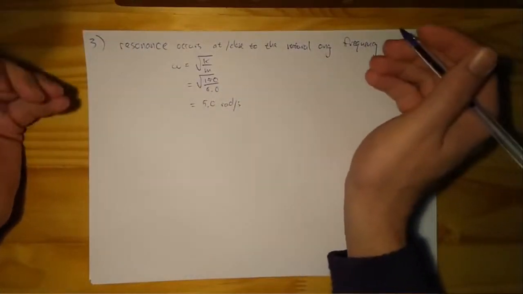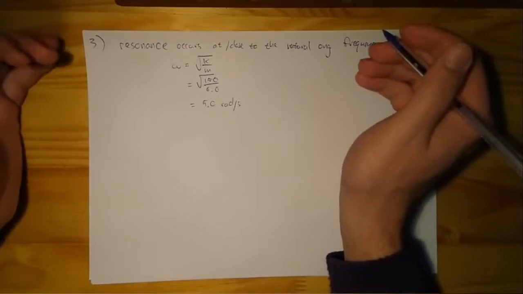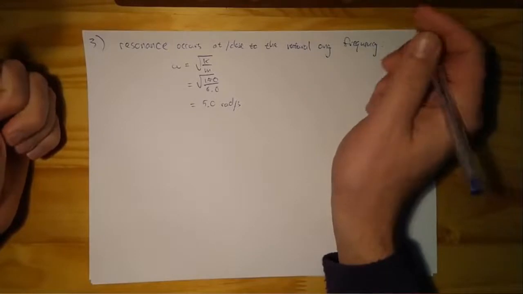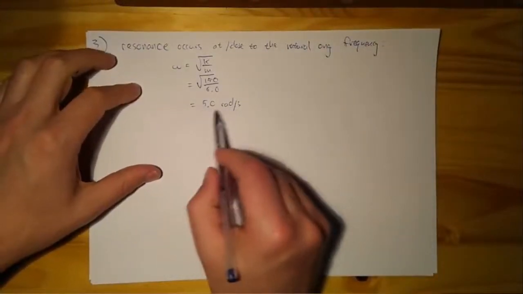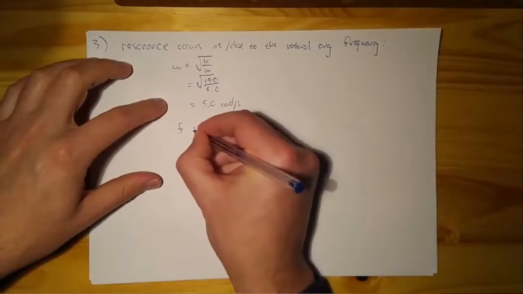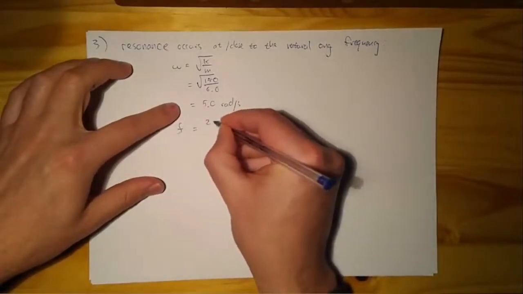Okay, are we done? Well, look at how the question asks. It doesn't ask for the angular frequency, it asks for the frequency at which the resonance occurs. So this is not a frequency, this is angular frequency. So we want the frequency, and that is the angular frequency over 2 pi.